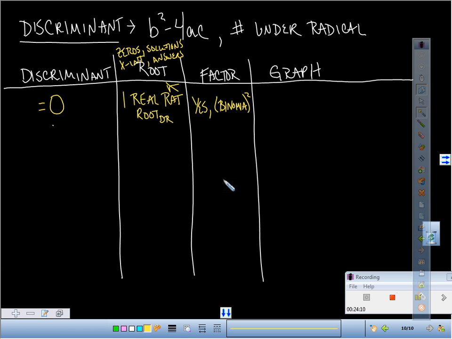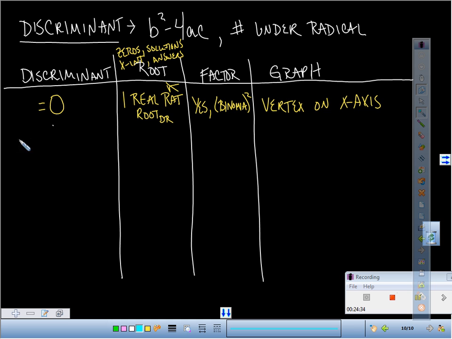Now, on a graph, what does this look like? What is that discriminant telling me about this graph and these roots? That's exactly right. My vertex is on the x-axis. Awesome. All right, what if I had this?